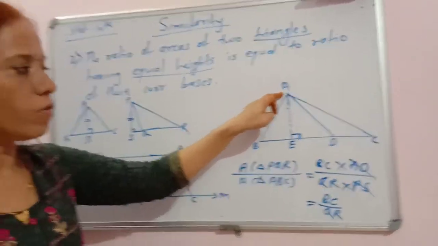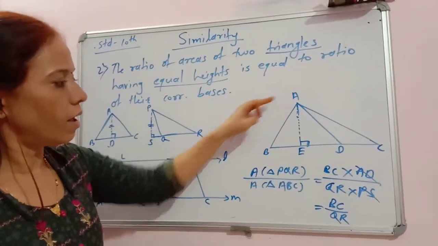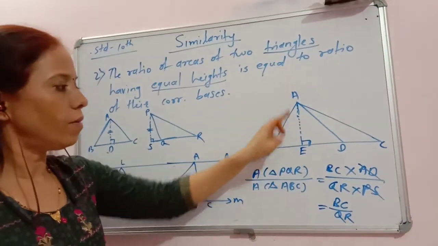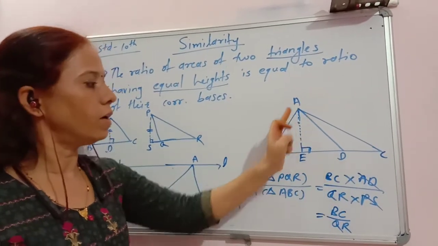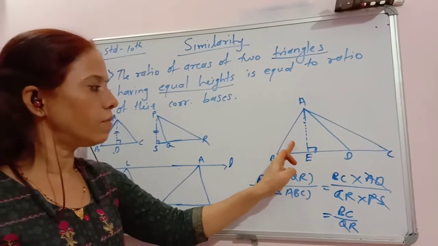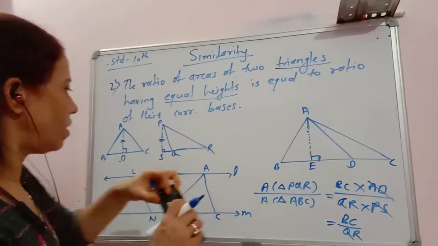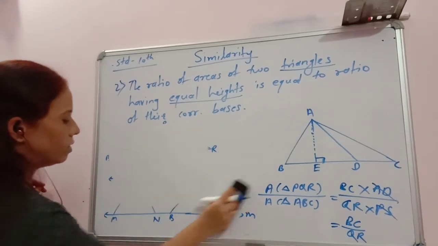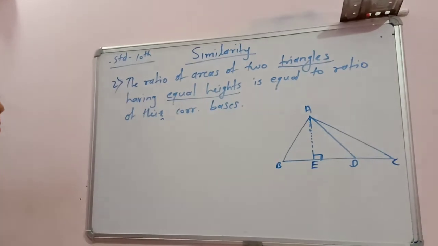The same vertex is common for the other two triangles. So for triangle ABD, the height will be the same. Then triangle ADC also has the same height. So in this figure, there are three triangles which have the same height.